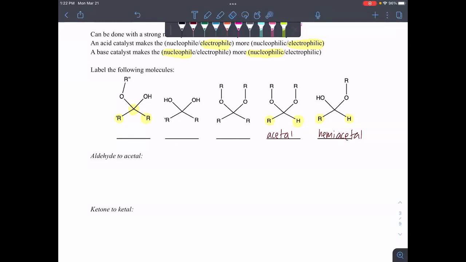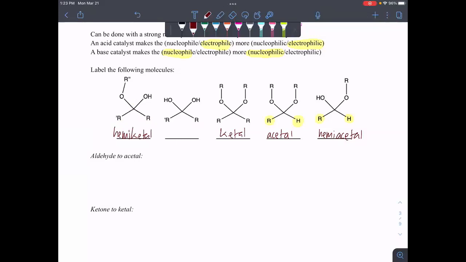So then what about this one to the left over here? It's a ketal, because there's 2 R's and the 2 oxygens on top are OR groups. And then what about the very first one? Hemiketal.